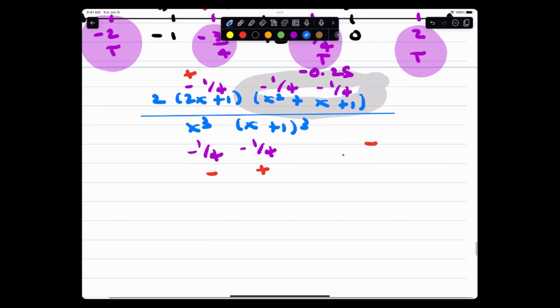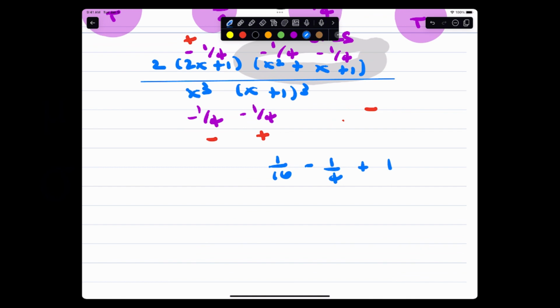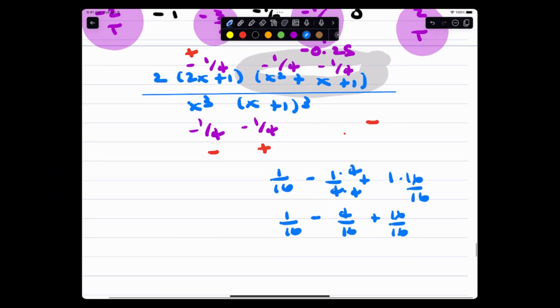Negative 1/4 squared is positive 1/16 minus 1/4 plus 1. So again, you could do the arithmetic. 1/16 minus 4/16 plus what? So it looks like that's positive. Is that true?